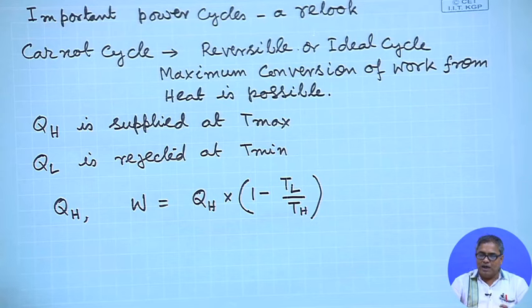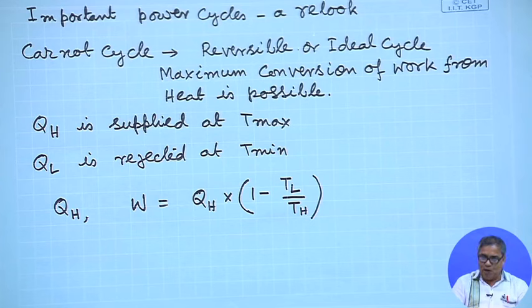From place to place this may vary, but it is more or less fixed. We do not have much flexibility in selecting TL, that is the temperature of the surroundings. TH is the temperature from where we extract the heat. Now, that will depend on the source.